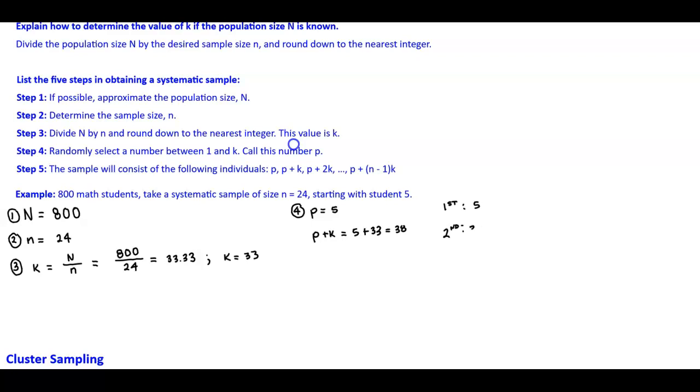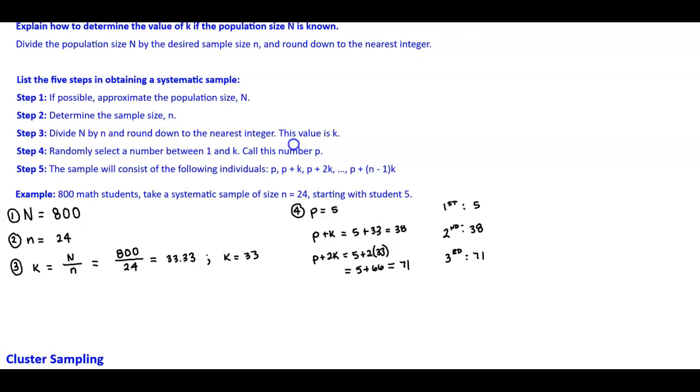So the second number is 38. Okay, let's go ahead and take a look at the third number. The third number is now taking p plus 2 times k. So that's 5 plus 2 times 33. And so that's 5 plus 66, which is equal to 71. So the next number is 71.